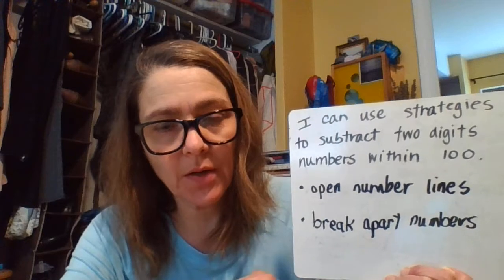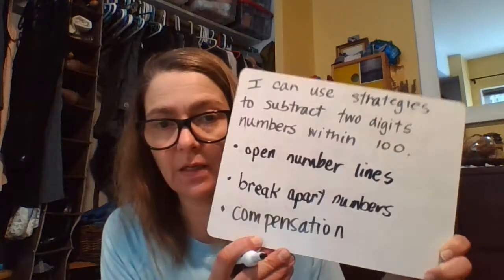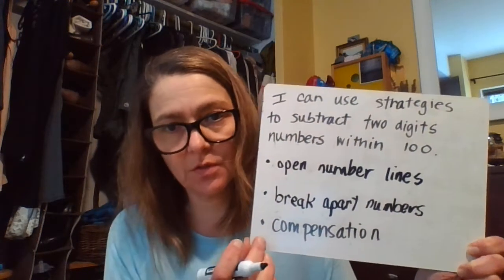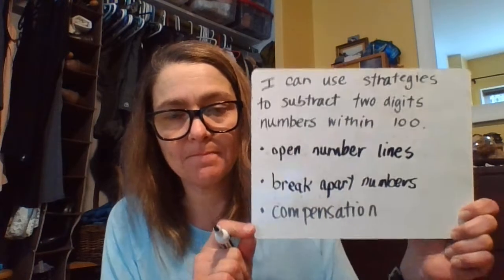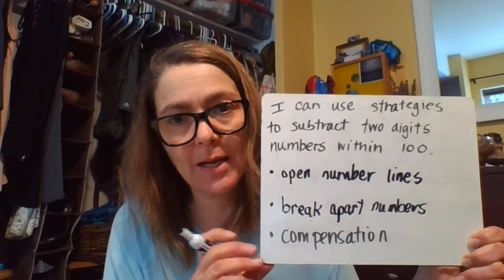Yesterday we did break apart numbers, and today you are going to be practicing the compensation strategy. There are two ways to do the compensation strategy, but today I'm only going to show you one way, and then tomorrow I'll show you another way.